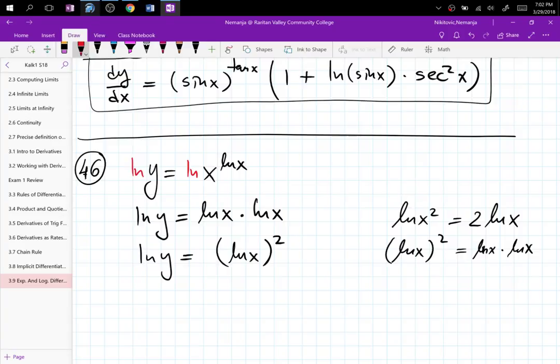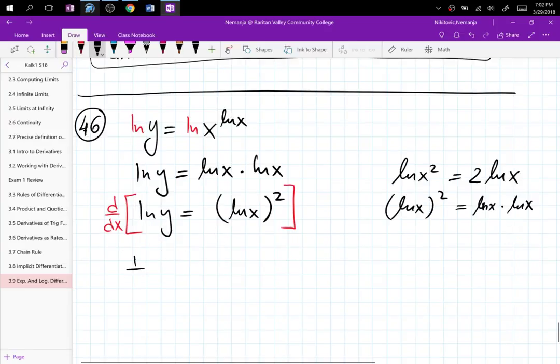Hit this with a derivative now. And we have 1 over y dy dx. And on the other side, I have the basic chain rule. So 2 ln x times the derivative of the inside, which is 1 over x.